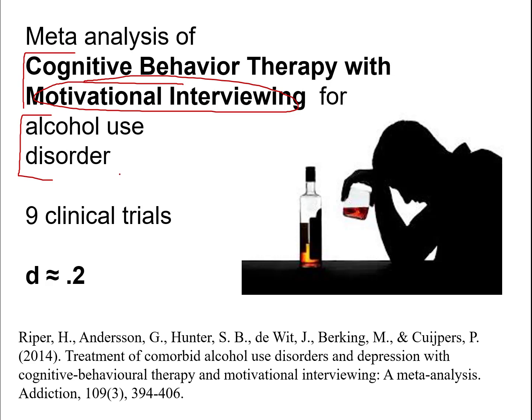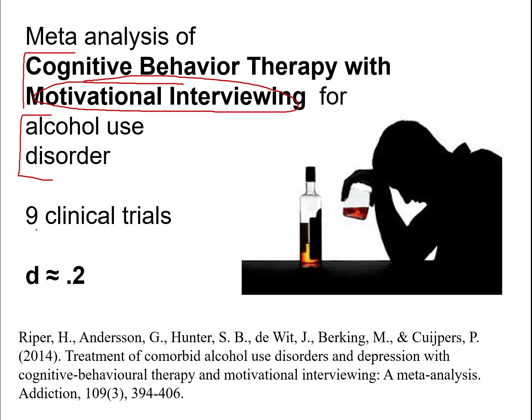The therapist would encourage the client, for example, to consider both the advantages and the disadvantages of making a change. The therapist would show understanding when the client talks about reasons for not wanting to change, and would follow up with interest when a client mentions a possible reason why they might want to change. So that would be motivational interviewing for treating alcohol use disorder.